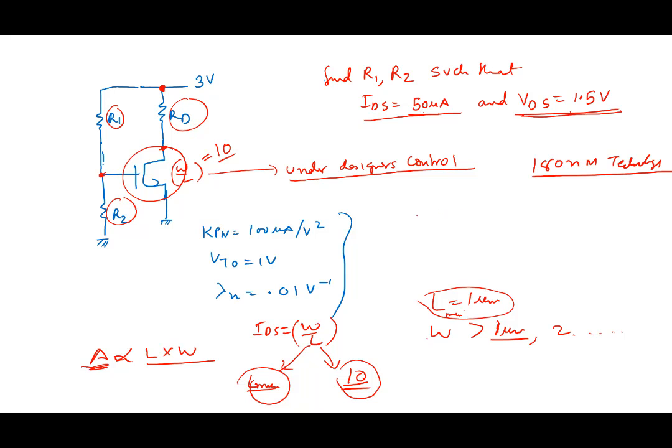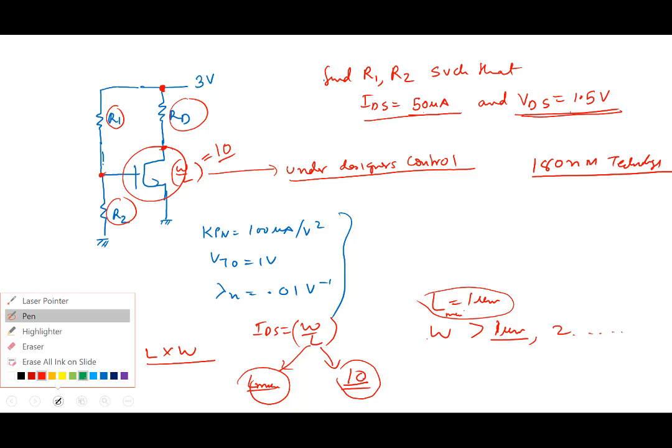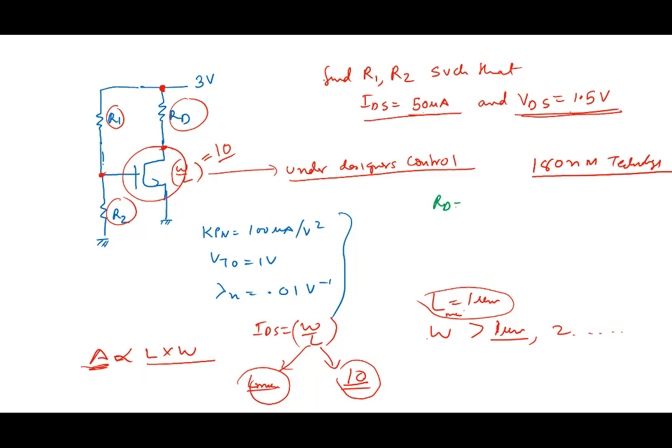RD is 3 minus 1.5 by 50 microamperes. So that gives you 1.5 by 50. Right? So you can get your answer. RD is okay. How do I find R1 and R2?